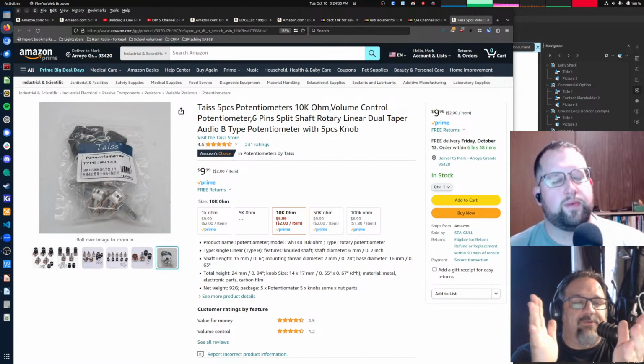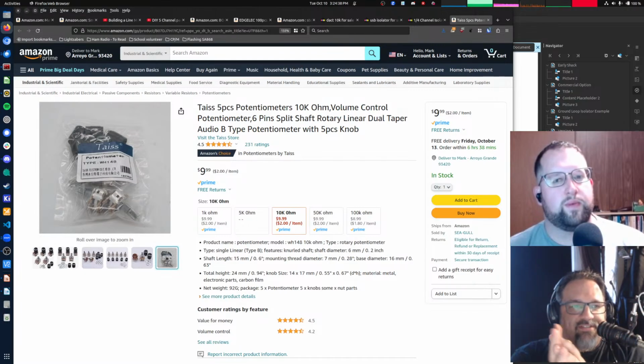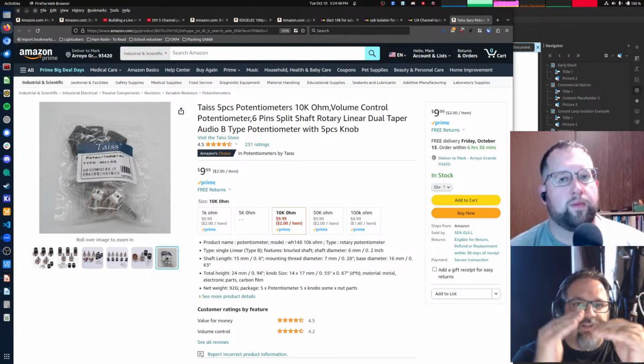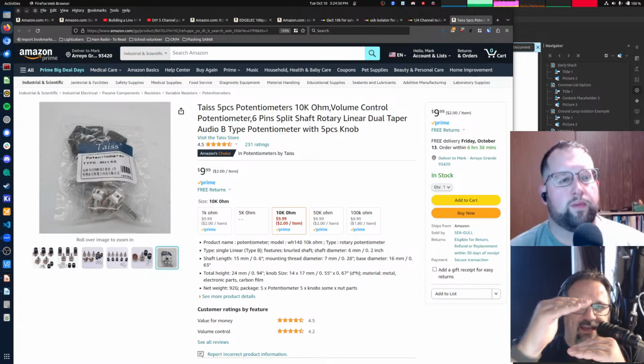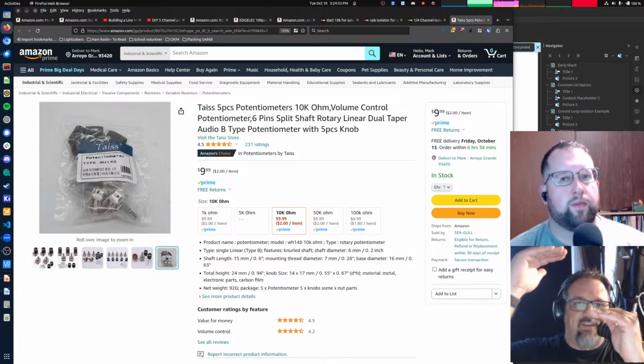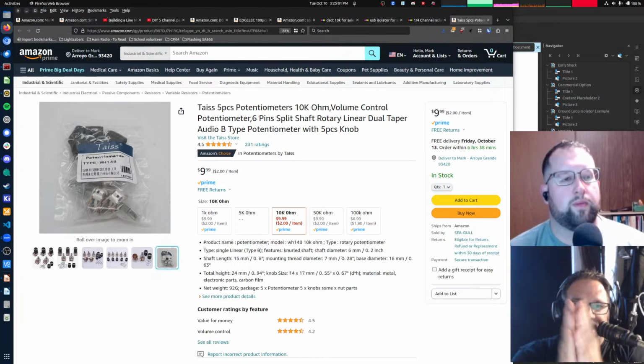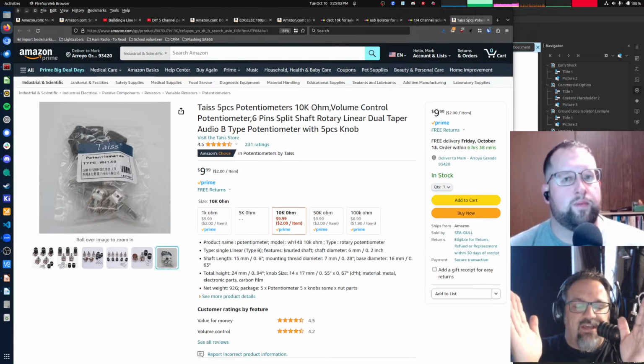And doing an actual logarithmic taper is quite difficult. So what they do is they kind of wave their hands at it and they say the lower part of the taper is going to go between 0 and 10% of the full value, and then the upper part of the taper is going to go between 10% and 100%. So it's kind of split into two different regions.